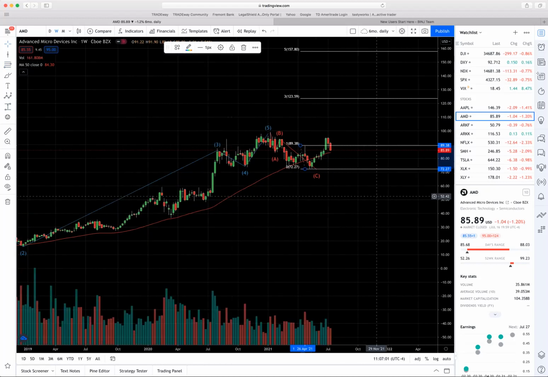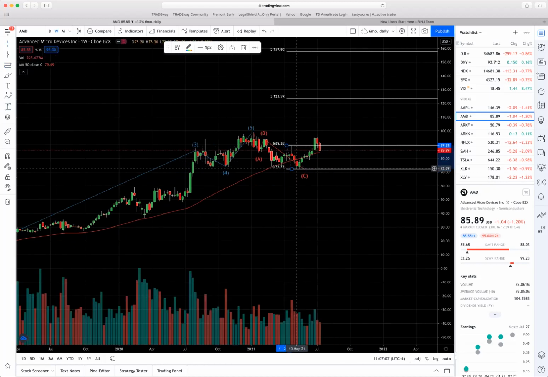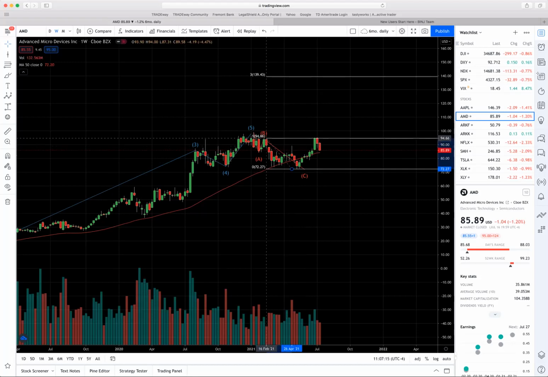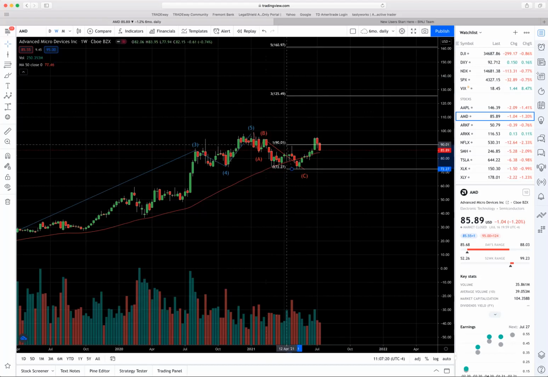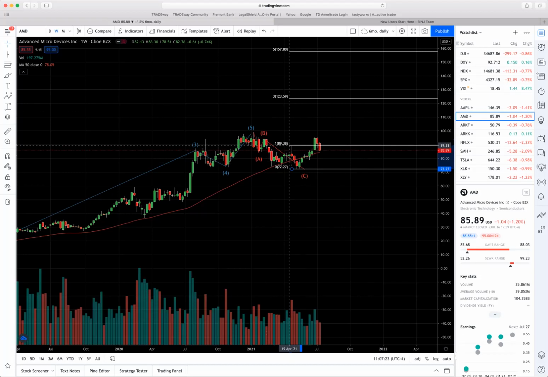Yeah, I drew it from that fake out of us recovering down here. So if we do the B, then that puts us at a price target of 137. And I believe I drew it here to be more conservative, which puts me in that 120 range here.